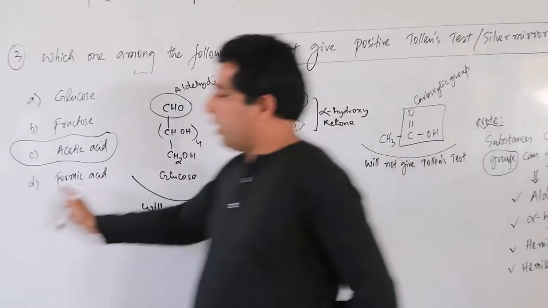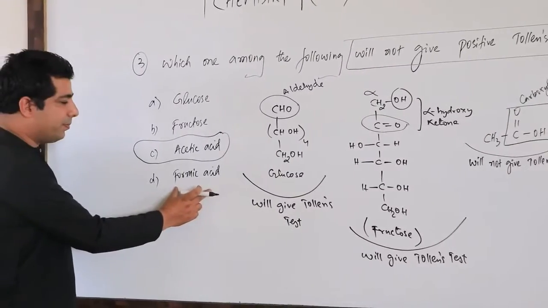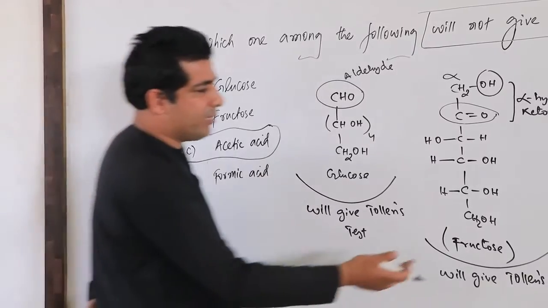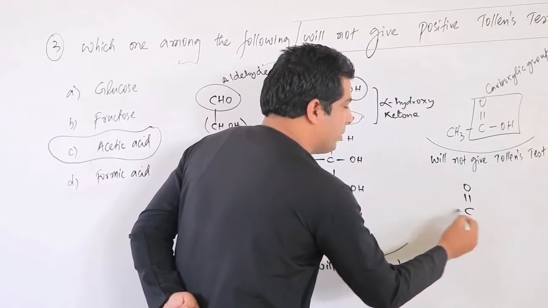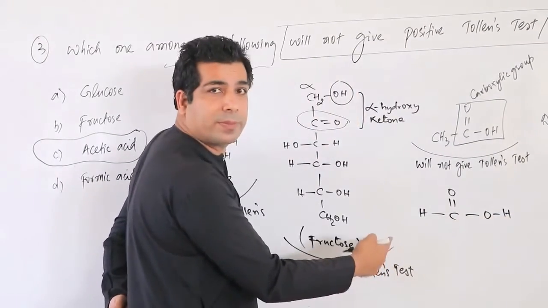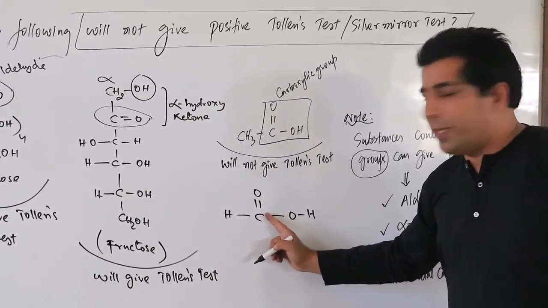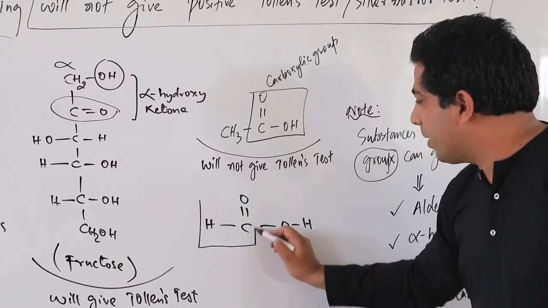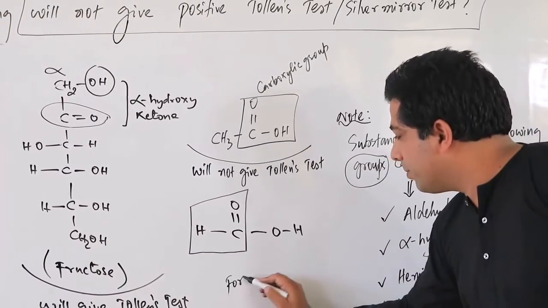Let's talk about now the last one here, formic acid. If you look at the formic acid here, have a look, the last one. Okay, and even I can draw the formic acid here also. Have a look. C double bond O, H, OH. Can you zoom here, sir? Okay. Now look here. If you look on this side of formic acid, you have a formic acid here.